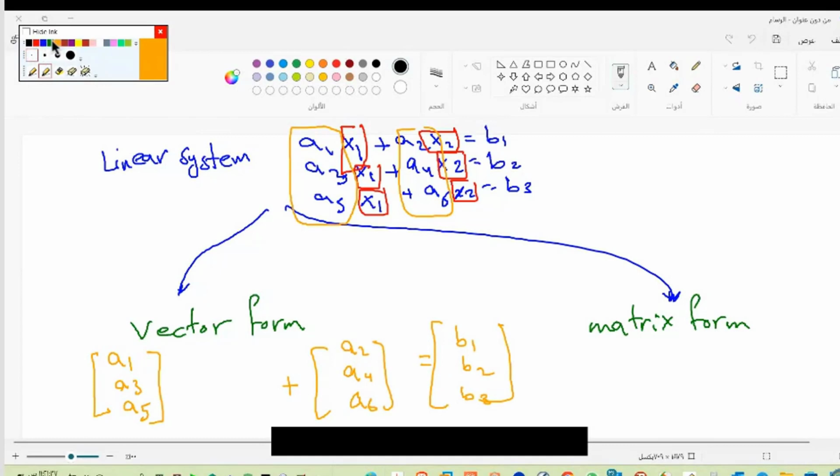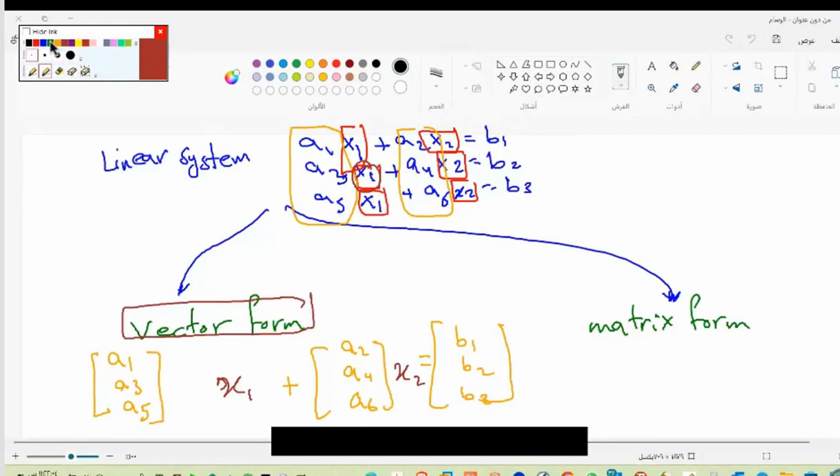Then here I have x1, x2. So as you see, it's so easy. This is what we call vector form. So I have a1, a3, a5 as a vector, a2, a4, a6 as a vector, equal b1, b2, b3.